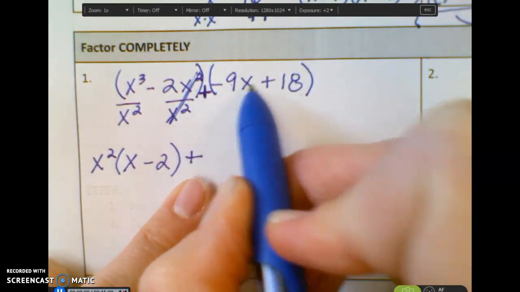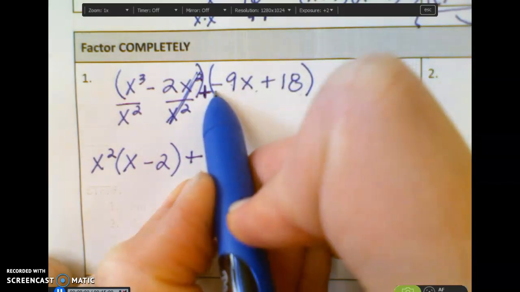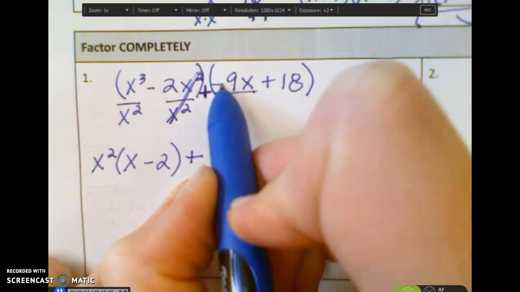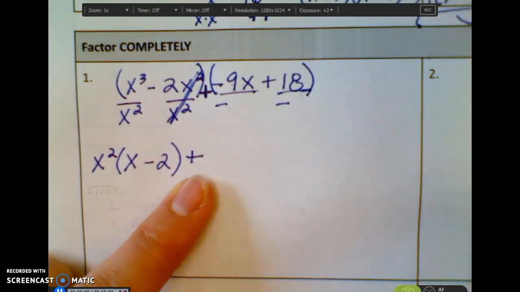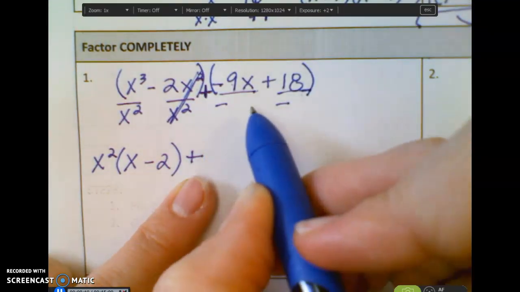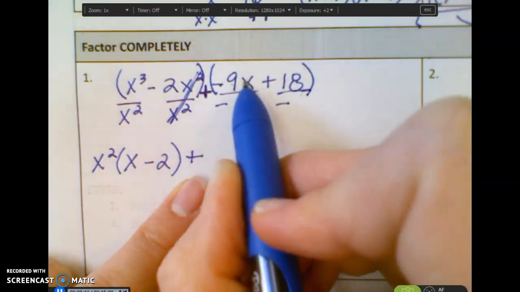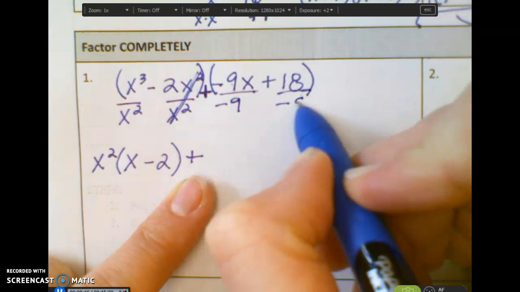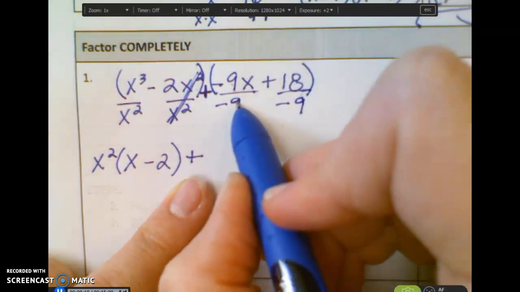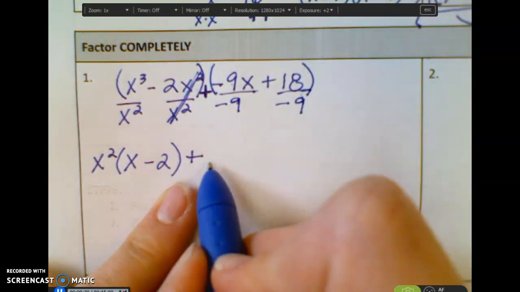Now, negative 9x plus 18. What do we notice about our leading coefficient? It is negative. So that means our GCF has to be negative. Well, what else can I take out of these parentheses, out of the 9x and the 18? They are both divisible by 9. So I'm going to take out a negative 9 and bring that down here.